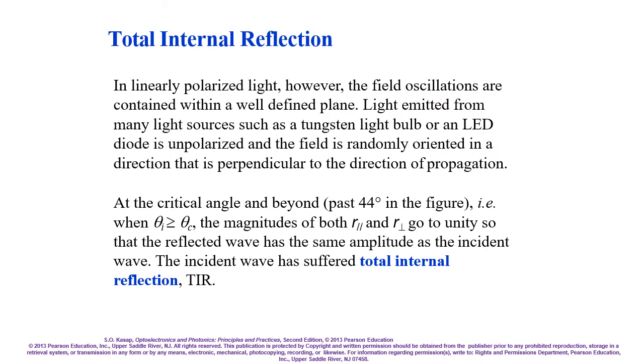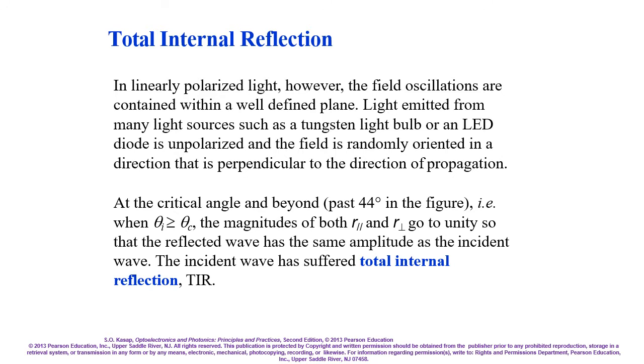What is total internal reflection? In linearly polarized light, the field oscillations are contained within a well-defined plane. Light emitted from many light sources such as tungsten or LED is unpolarized, and the field is randomly oriented in the direction perpendicular to the direction of propagation.